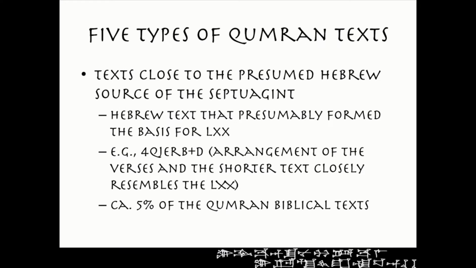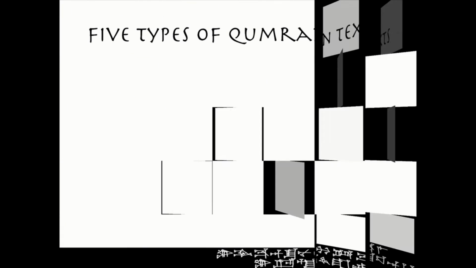So for example, 4Q Jeremiah B and 4Q Jeremiah D, their arrangement as far as the verses and the shorter text, these characteristics closely resemble the Septuagint. These texts make up approximately 5% of the Qumran biblical texts.